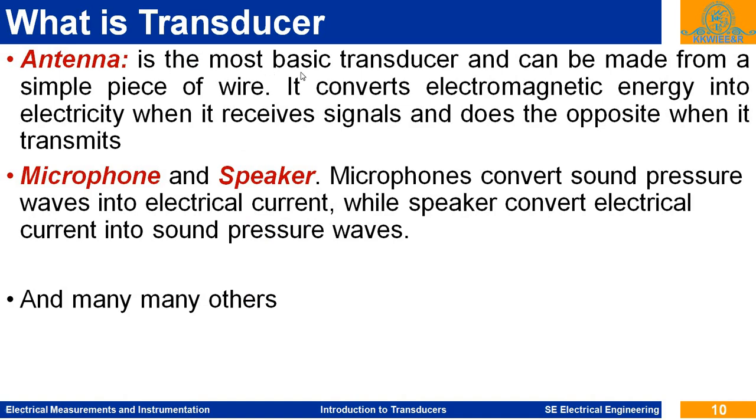Another example is the antenna. An antenna is the most basic transducer that can be made from a simple piece of wire. It converts electromagnetic energy into electricity when it receives a signal and does the opposite when it transmits.